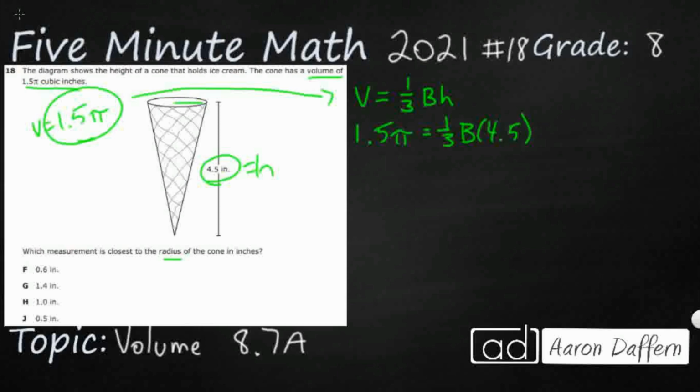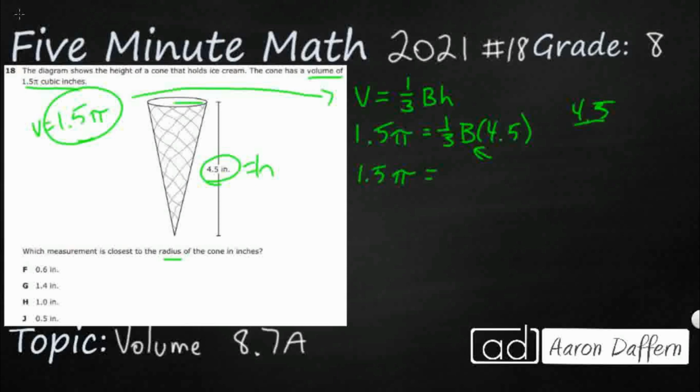Now that's interesting, but what do we need to find out? Well, base is the unknown. I need to isolate that base. All right, so let me see what happens if I multiply my 1/3 times 4.5. Well, that's interesting, because 1/3 times 4.5 is really 4.5 divided by 3.